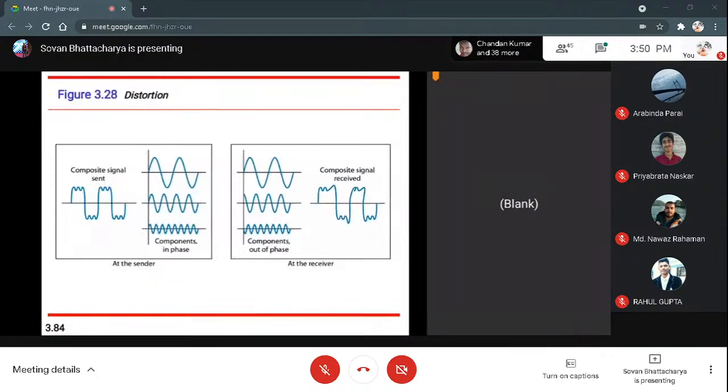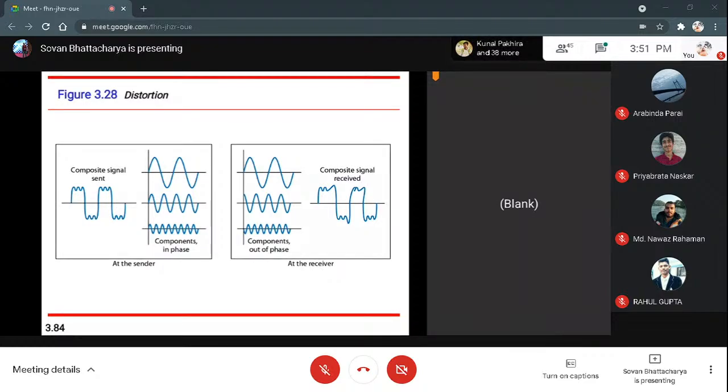Now the distortion portion. In the distortion, this is the composite signal. Actually in a composite signal, the main signal is there, and there are small other signals.